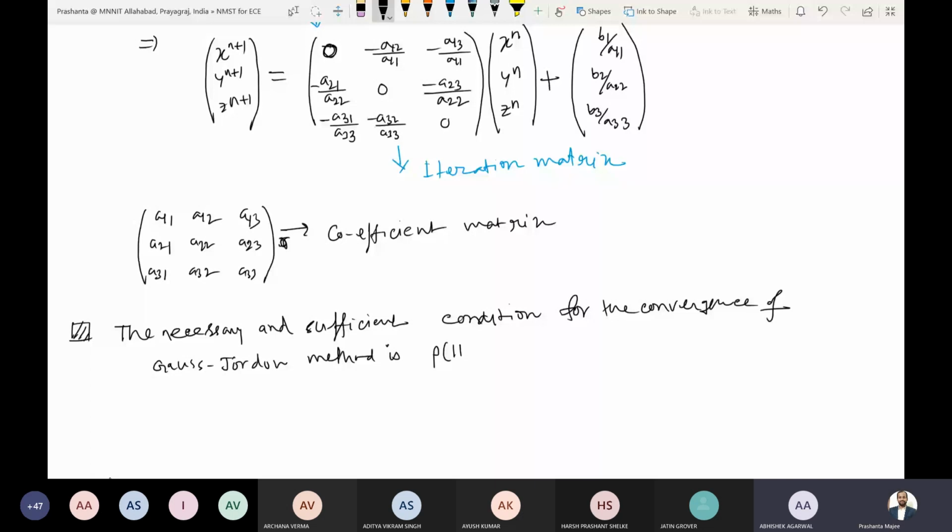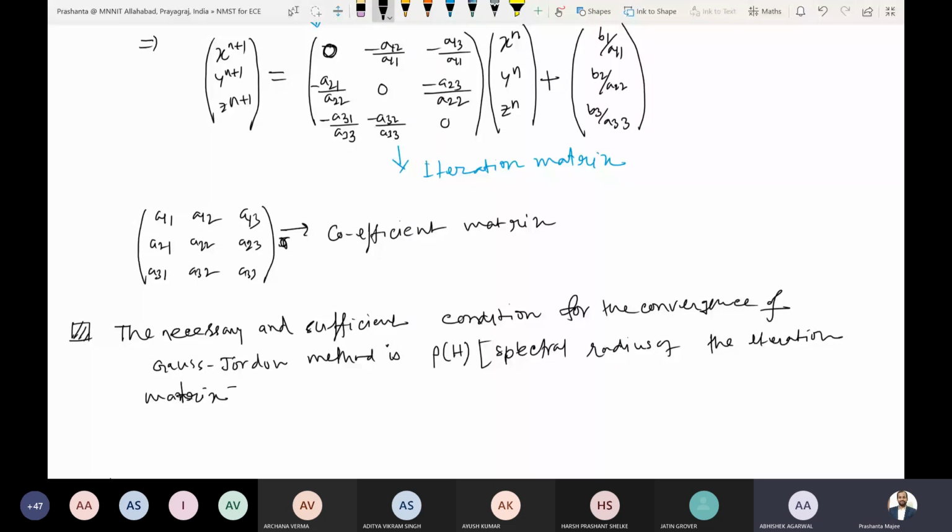Rho of H is the spectral radius of the iteration matrix. The spectral radius of the iteration matrix has to be less than 1.